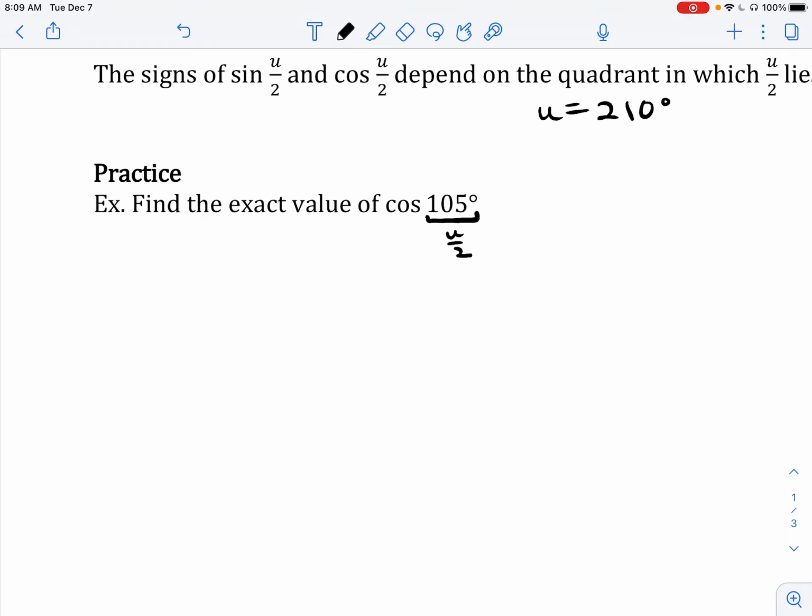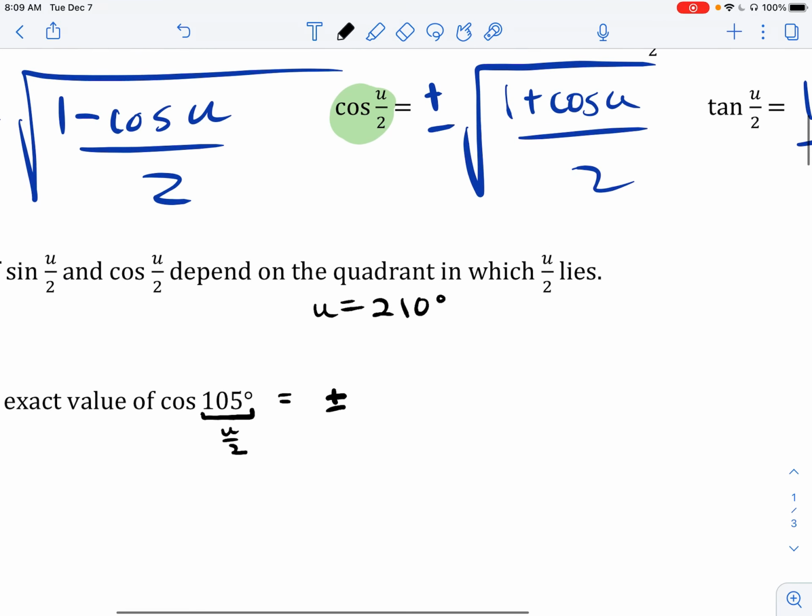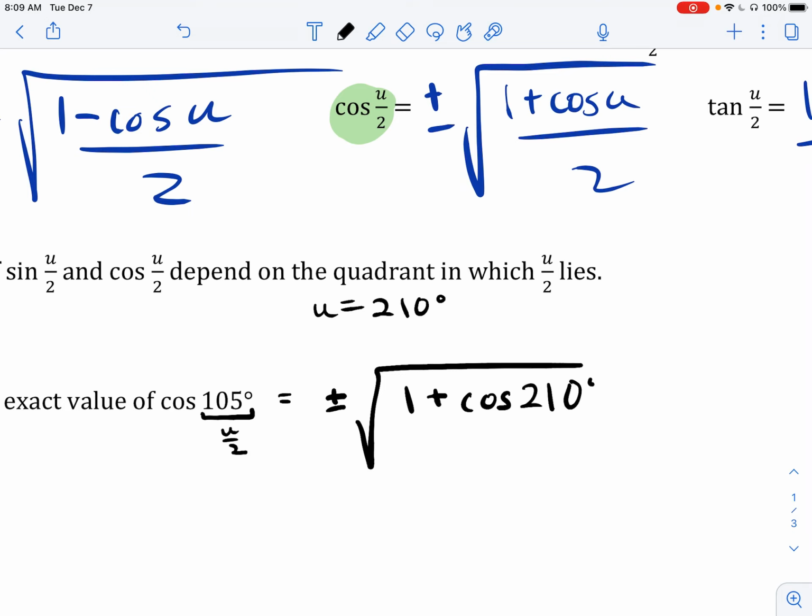So writing the cosine of 105 degrees, if I use my cosine formula, cosine is plus or minus the square root of 1 plus the cosine of whatever your angle u is, and we just said angle u will be twice as much as 105. And then this is all over 2.